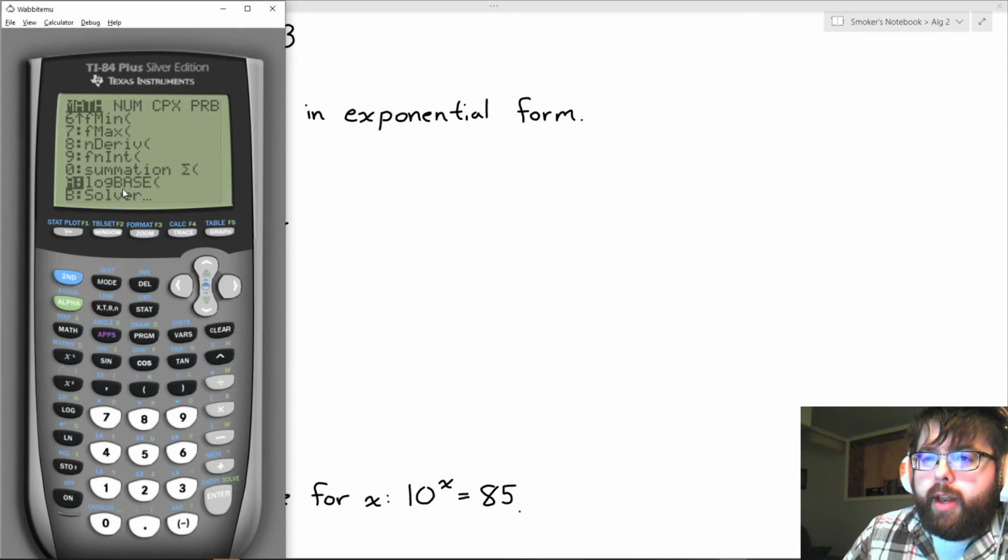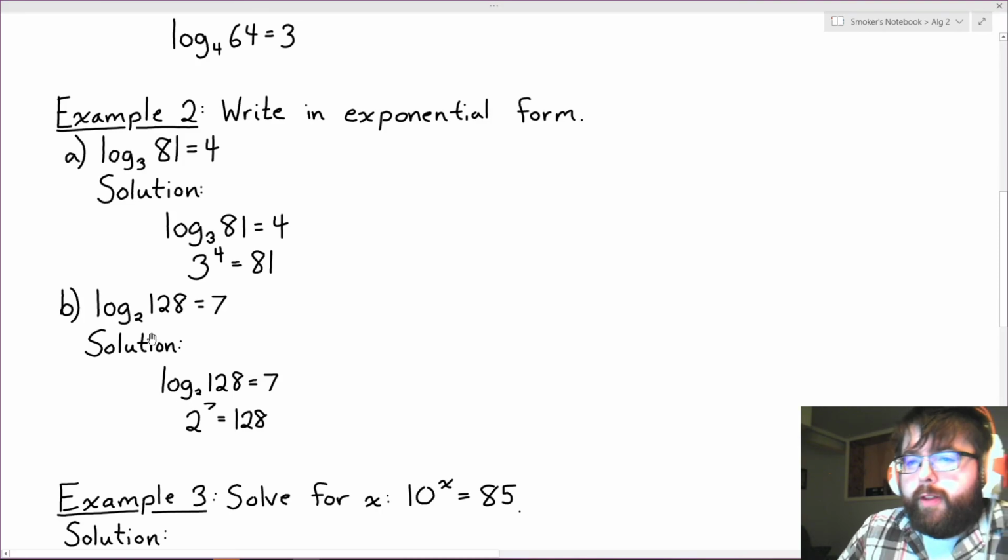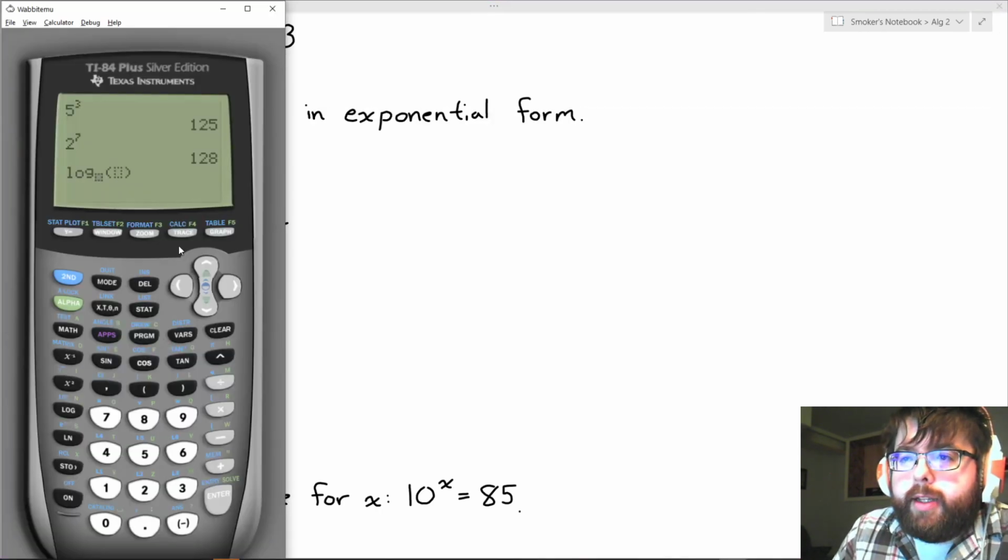There's a log and then a capital base. Entering that in gives you the log, and then it has two blanks that you need to fill in. So for instance, 2 and 128. And then it'll give you 7.